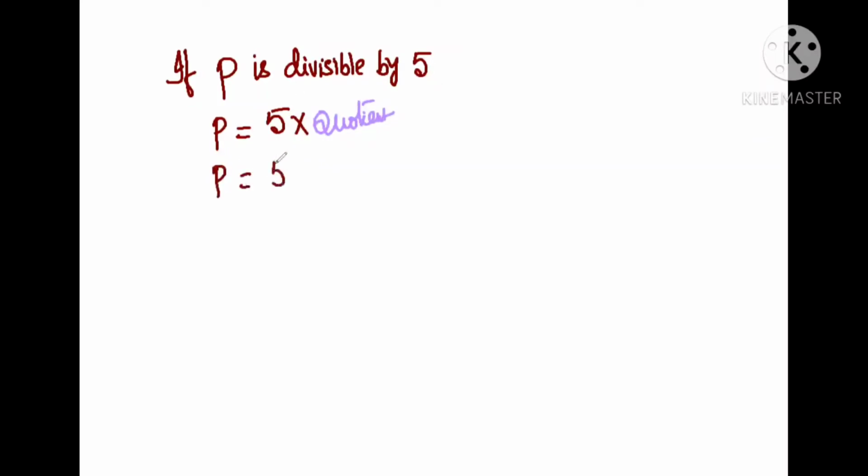P is equal to 5c. Now put p is equal to 5c in p square is equal to 5q square, that is equation 2.